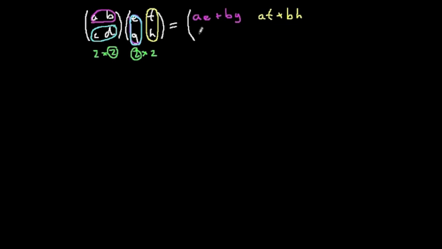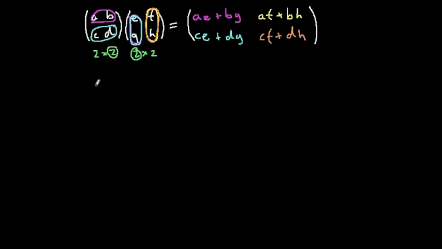I have C times E plus D times G. And finally, I'm still on the second row of the left matrix, but now I'm on the second column of the right matrix. So I'm back to F and H here. I'm just going to use orange for this. So now I have C times F plus D times H. And that completes the matrix multiplication of a 2 by 2 matrix.